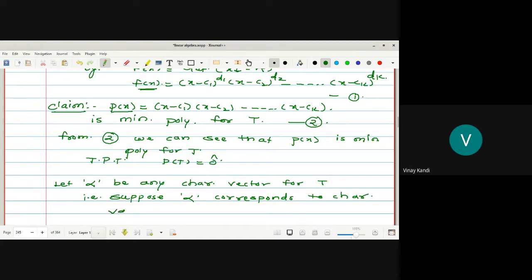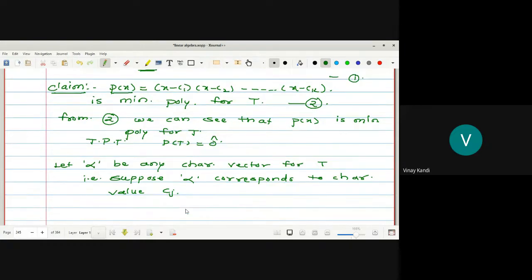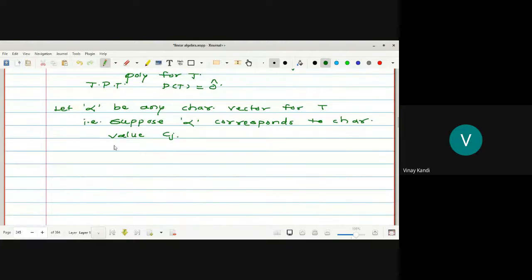Then by the definition of characteristic vector, T of alpha is equal to Cj into alpha. That implies T of alpha minus Cj into I of alpha is equal to 0. That implies T minus Cj I of alpha is equal to 0.